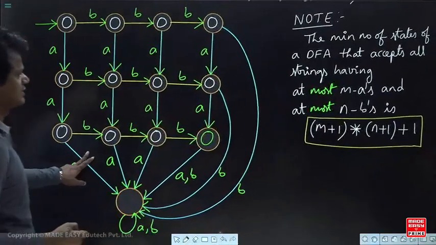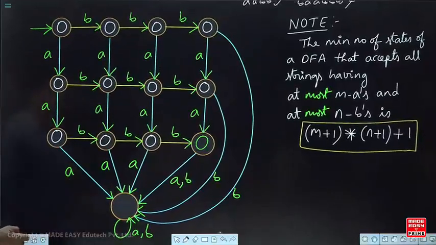You can copy this one. So this is the answer, guys. Okay, we have done this, I hope you have already done all these questions. We'll go for the next question.